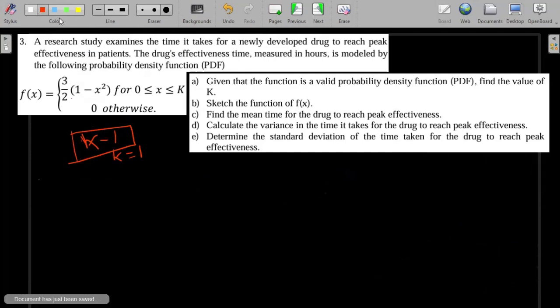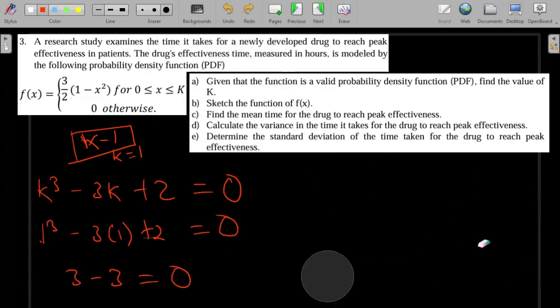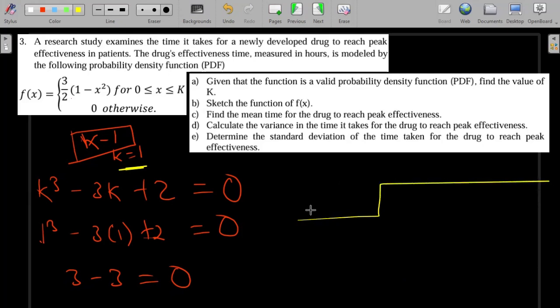Okay, so what did I have now? I've erased everything. Okay, I can just erase this part. So we know for sure that k is equals to 1 is a factor. So let's use synthetic division. So I have 1. And then from this equation here, I should make sure that the powers are dropping down smoothly.